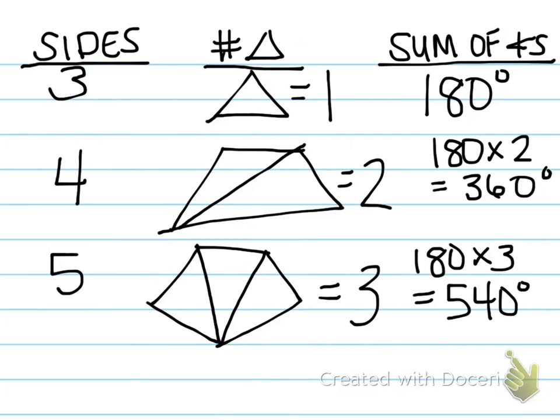So pause the video, take a few minutes, see if you can find the pattern. In other words, if I have 3 sides, I have 180 degrees. 4 sides, that's 2 triangles, so 360. 5 sides, so 3 triangles, so 540. What is the pattern?